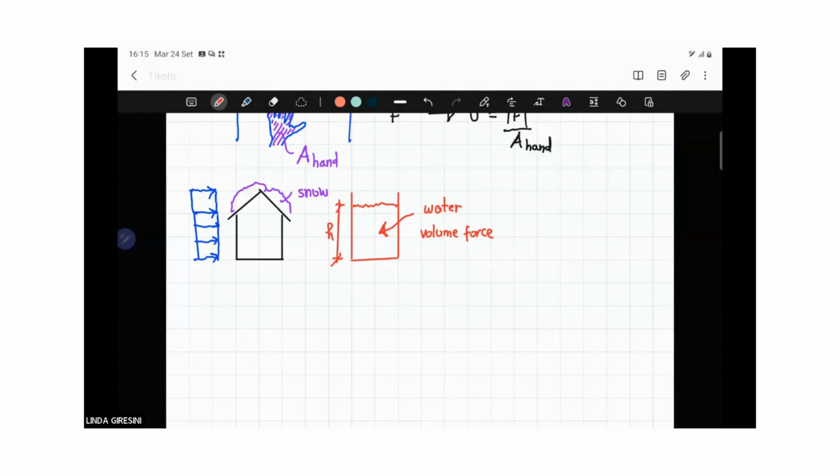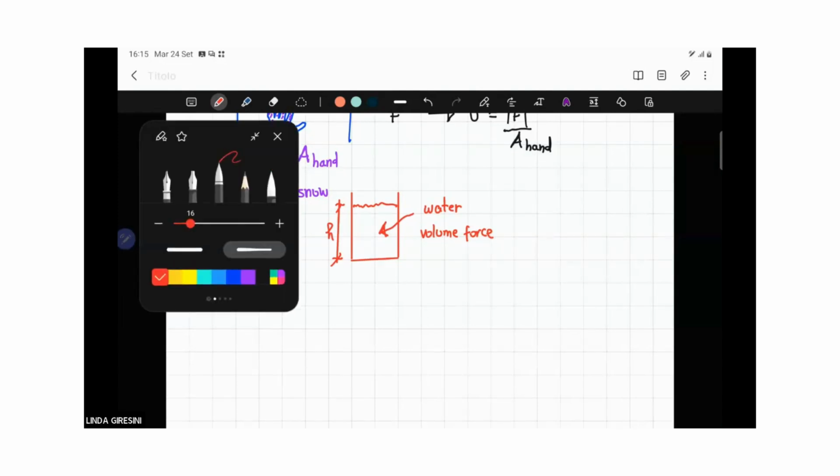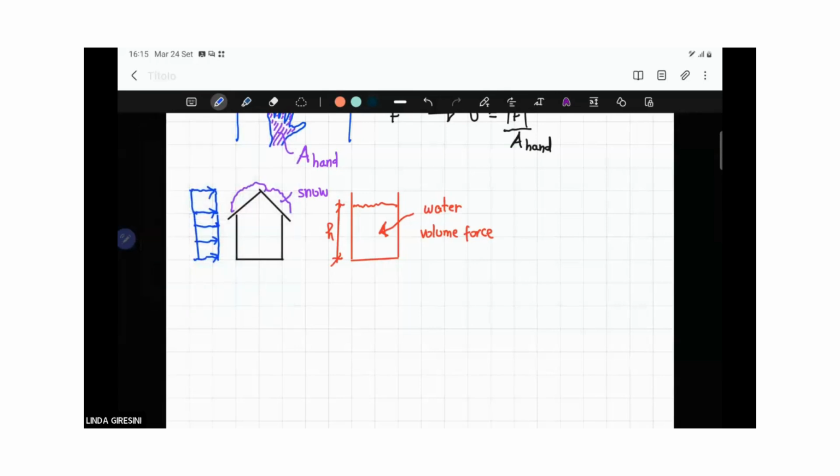I mean, it's irrelevant because you have to consider also the wind from the other side. Inside the building? This one? Ah, yeah, the depression.